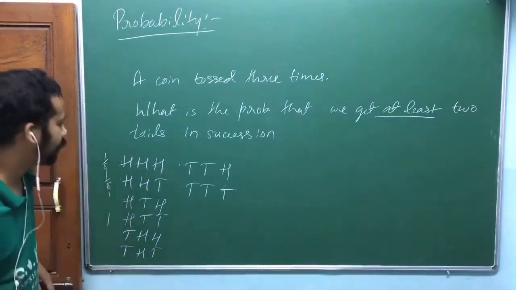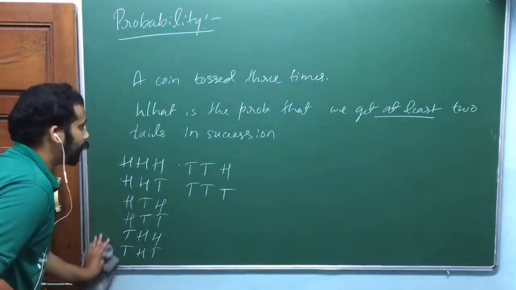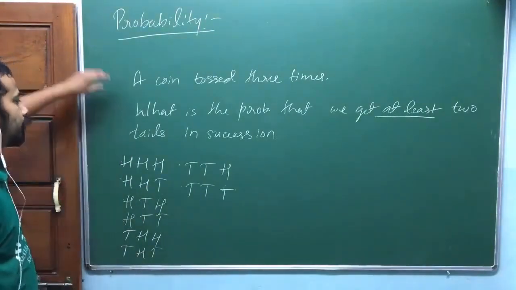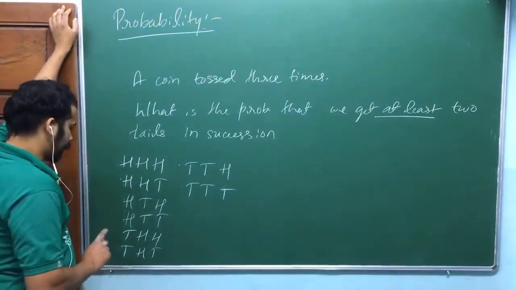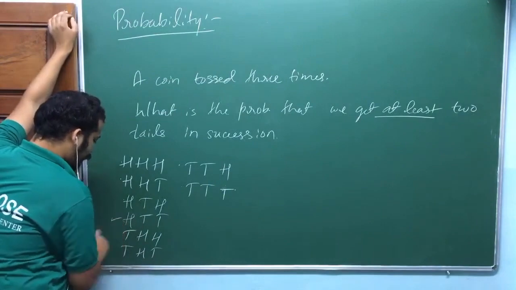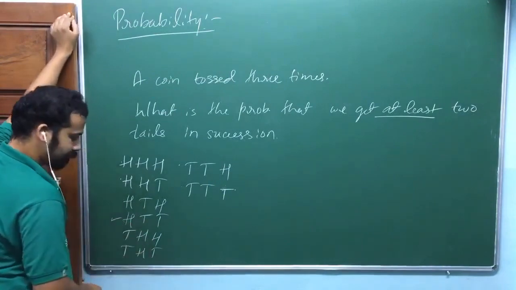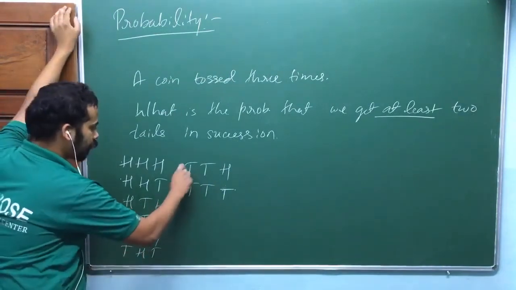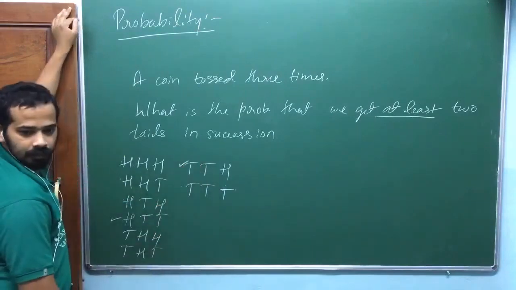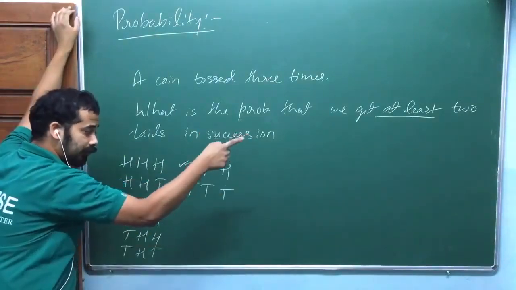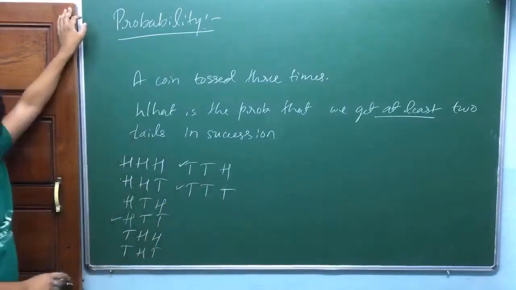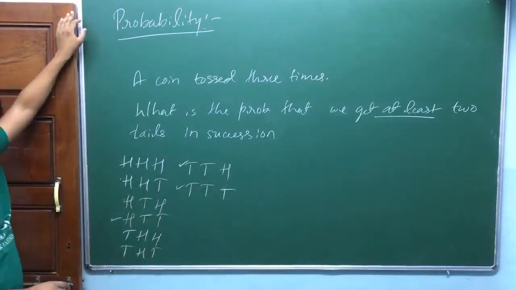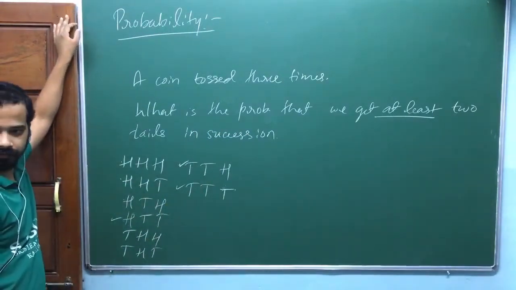Now look here. What is the probability that we get at least 2 tails in succession? Here you got 2 tails in succession, one after the other. Here you get 2 tails in succession. And he put at least 2 tails, so you can get 3 tails in succession also.